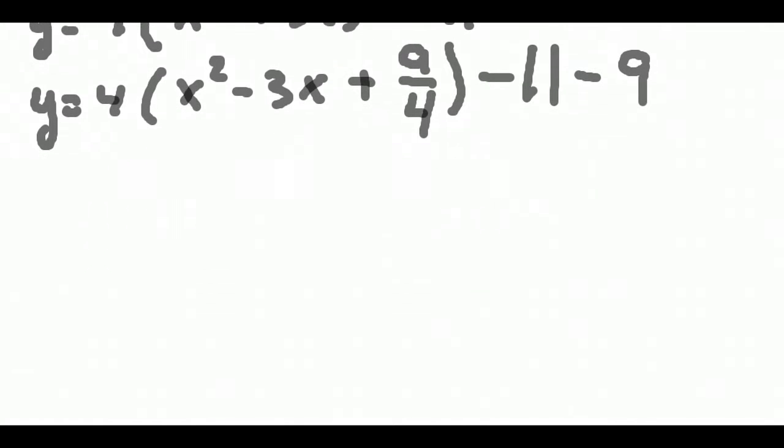So let's clean this up. What is the factorization of x squared minus 3x plus 9/4? So remember, basically you take your b term and you half it, and that's your h term when you factor it out.